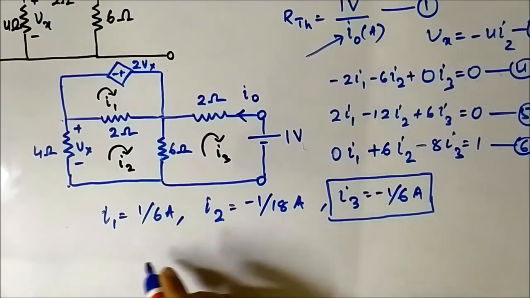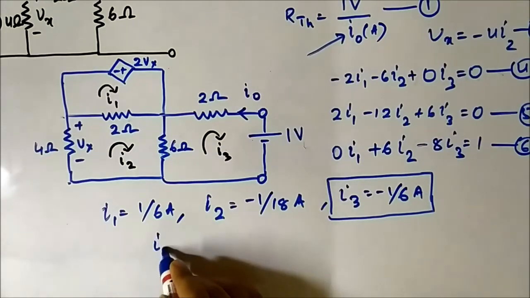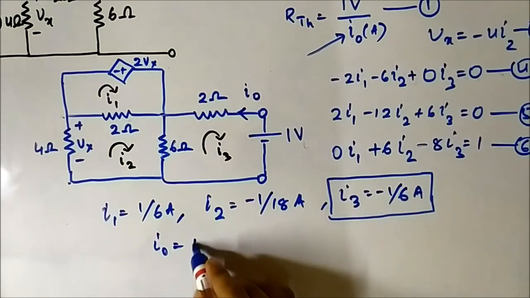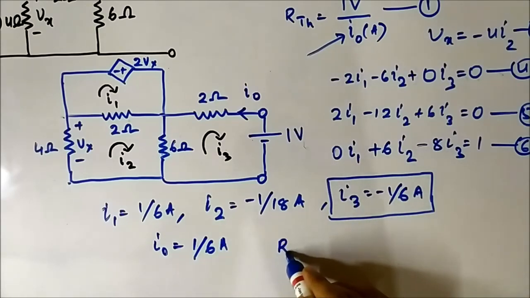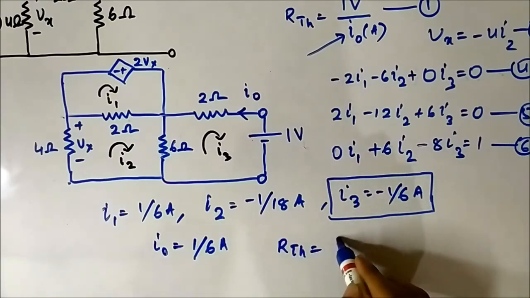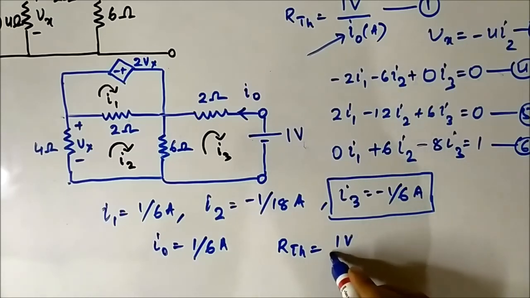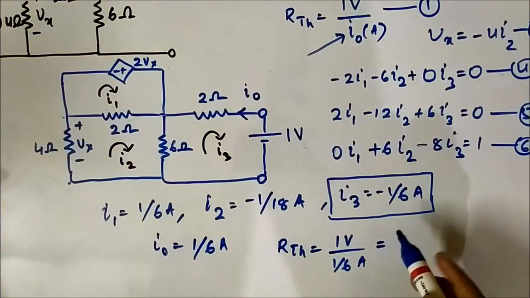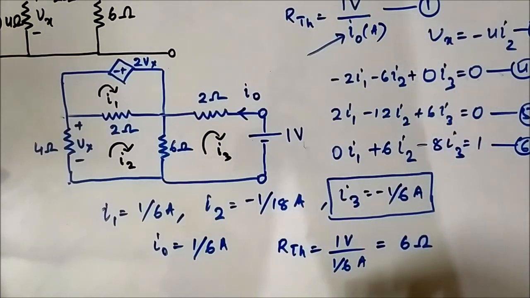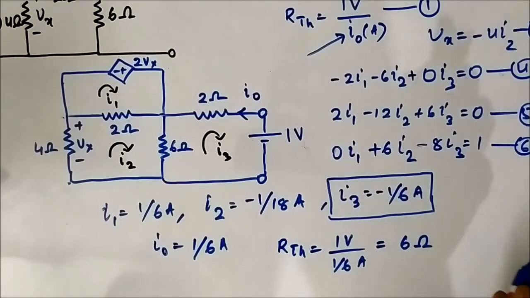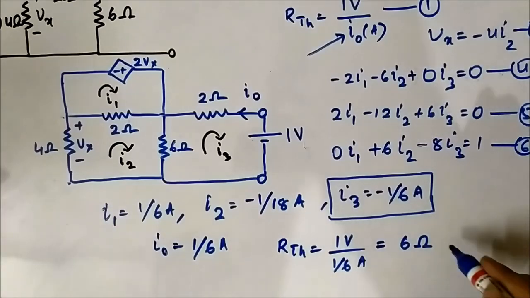So I0 here is minus I3, which is 1 by 6 ampere. RTH is 1 volt by 1 by 6 ampere, which is equal to 6 ohm. So RTH here is 6 ohm.